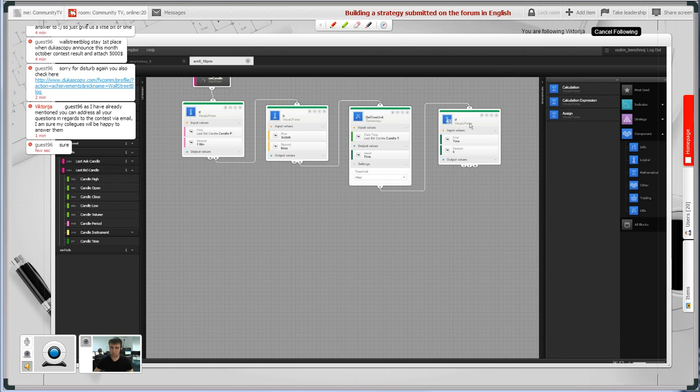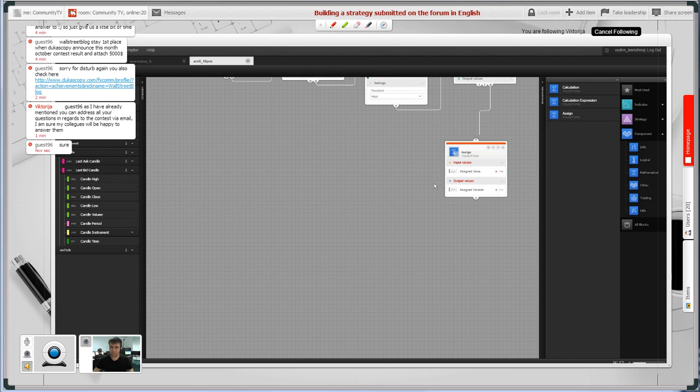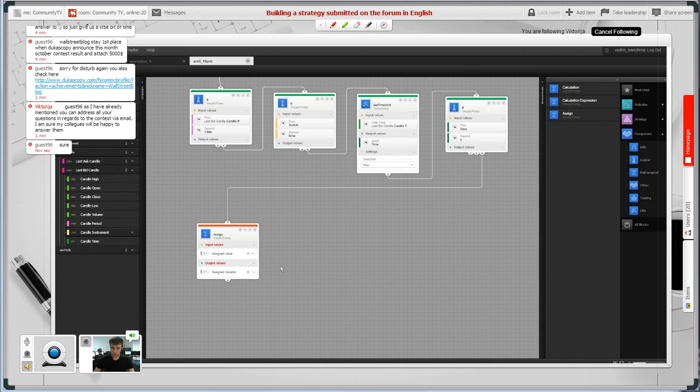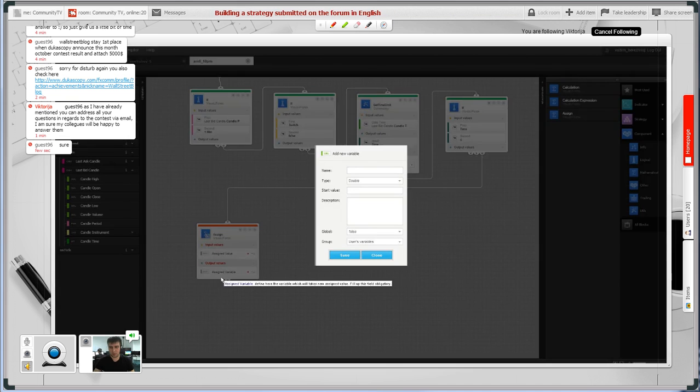First, we set the value of highest high to 0. Highest high would be double. By default, it would be 0. And it would be local.